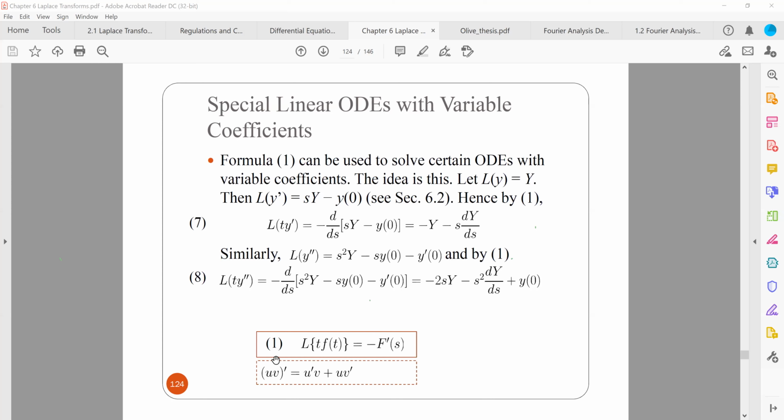From this, if we take the Laplace transform of this, then we can just differentiate it again and end up with this term. And if we write the Laplace transform of y as Y and the Laplace transform of the derivative of y, then we can write this expression like this as well. Just look at it and see if it makes sense.